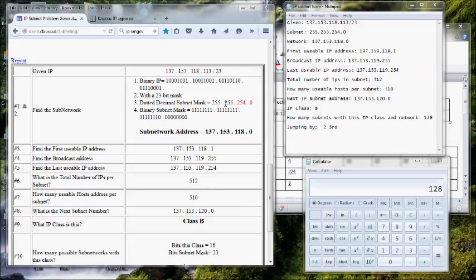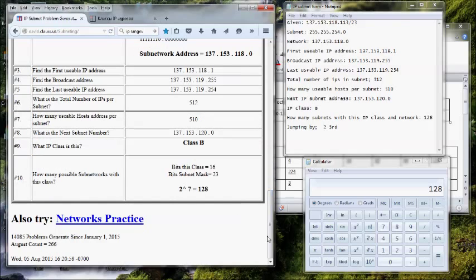And the broadcast address is 119.255, and the last usable is 119.254. We have 512 IPs available with 510 usable, and 128 subnets are available in this.